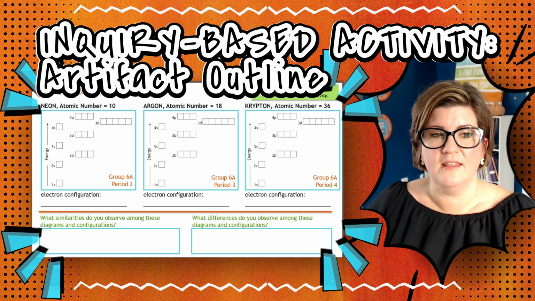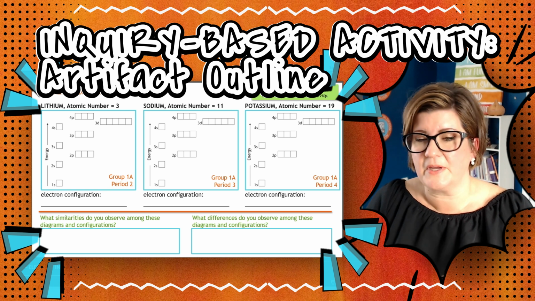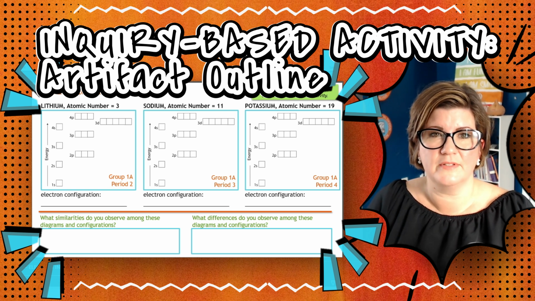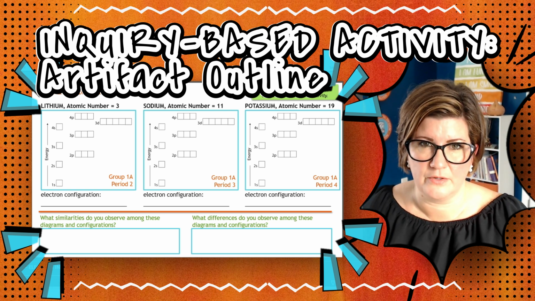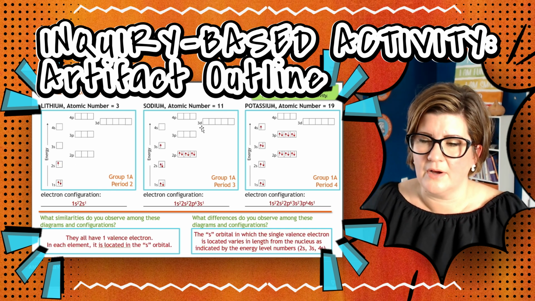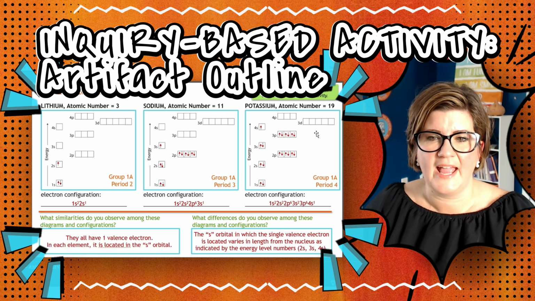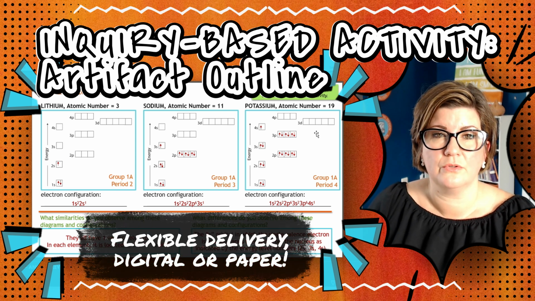The difference there is that the group can work together to sort out similarities and differences within a group. You and I know the similarities and differences within a group are going to be exactly the same. So of course we get our arrows drawn in, and again, you can deliver this digitally using Seesaw or Google Slides.